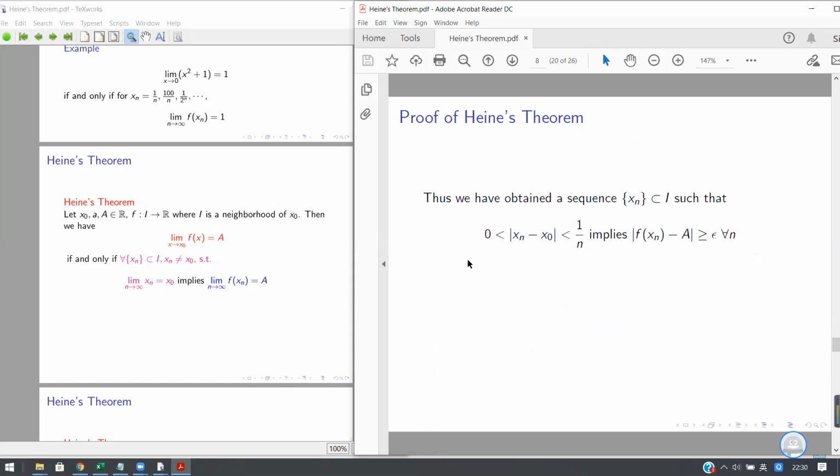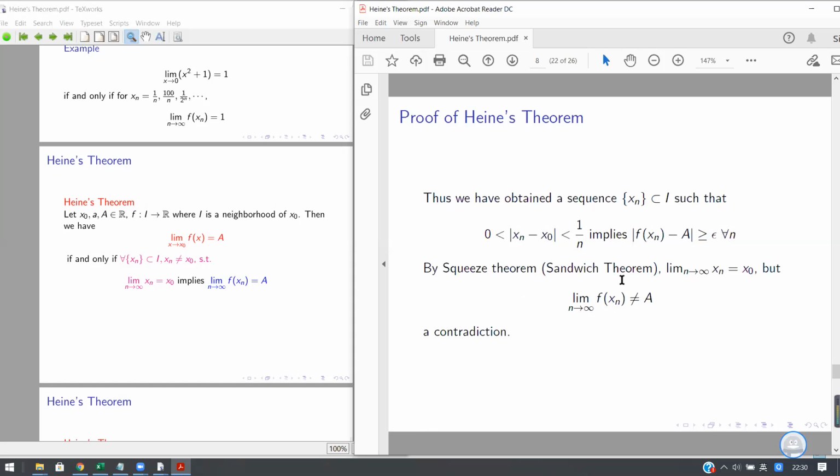By the sandwich theorem, or we can say squeeze theorem, we have that the limit as n goes to infinity of xn converges to this x0, right? Yeah, because apparently this goes to 0. But we have this. What does this mean?